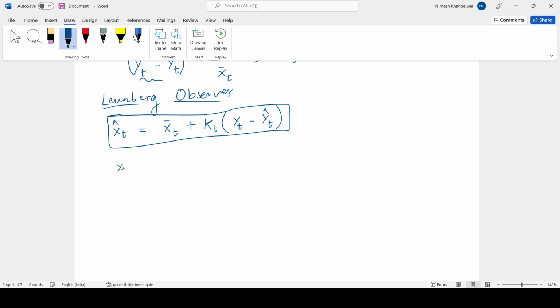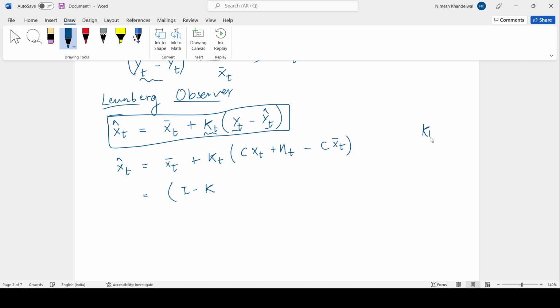Now, to calculate x hat of t, we need K of t, right? So let me just write it. Let me replace y of t and y hat of t with my model. So this is C x of t plus eta t, and don't forget the noise, minus C x bar of t.